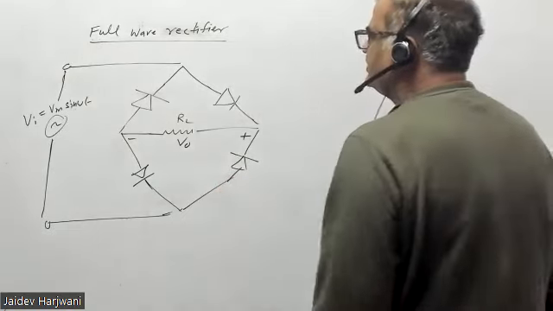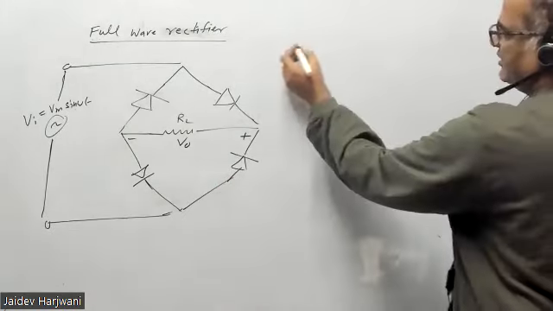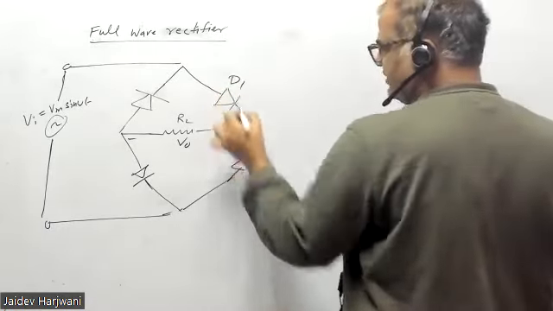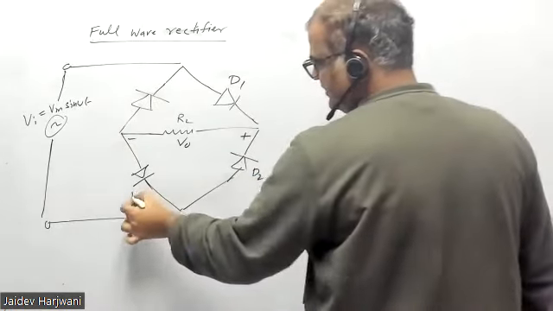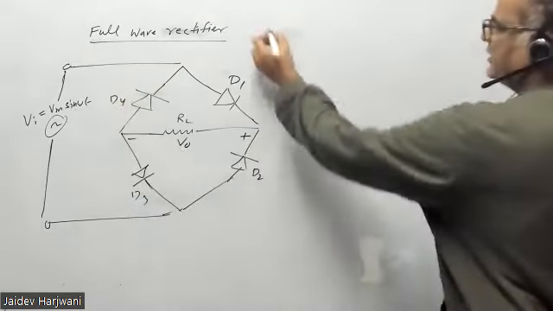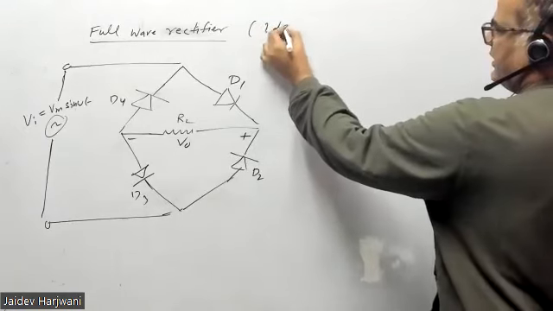Okay. So let us take for positive cycle. For positive cycle, if you want, you can give the name also. Say this is my D1, this is my D2, this is my D3, and this is my D4. And diodes are ideal diodes.